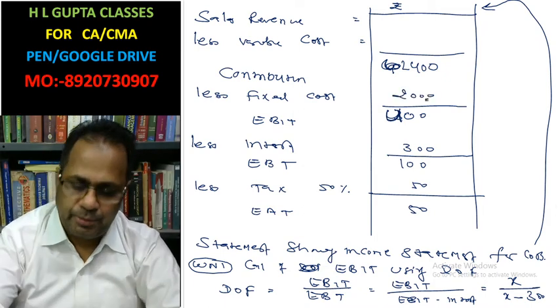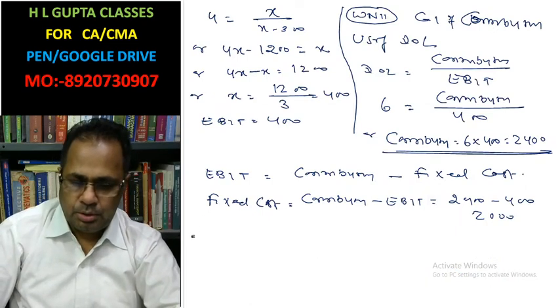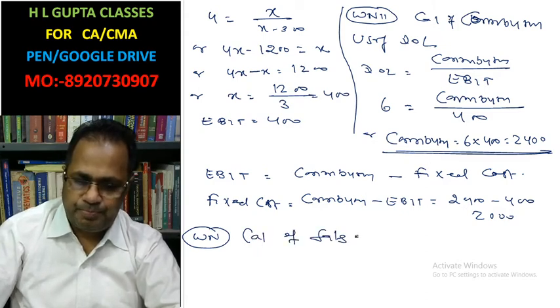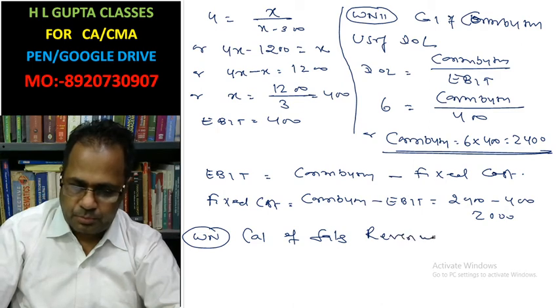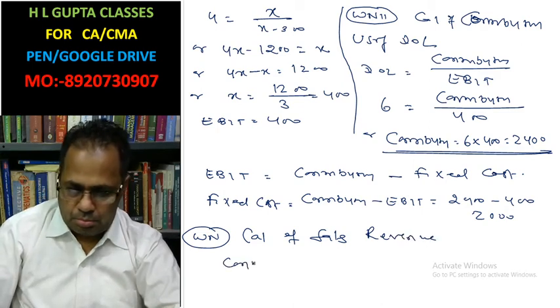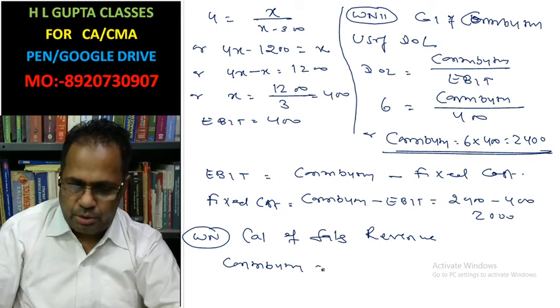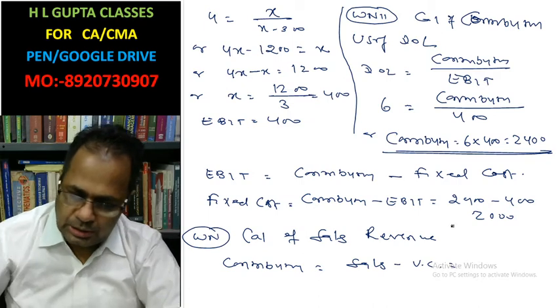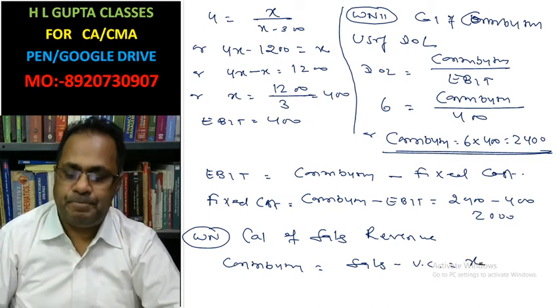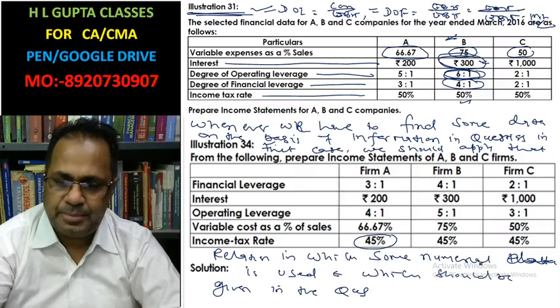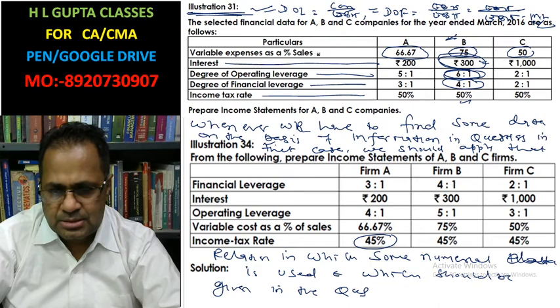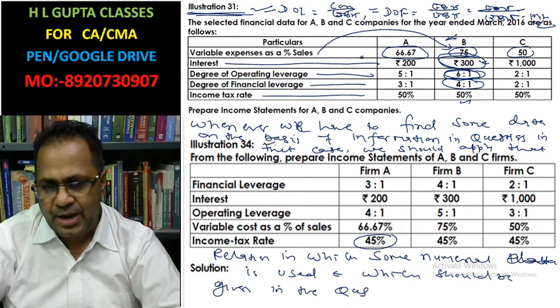Now sales revenue you need to calculate. Working: calculation of sales revenue. Contribution equals sales minus variable cost. Suppose sales is X and variable expenses as a percentage of sales is given here. In the case of B, this is 75%.